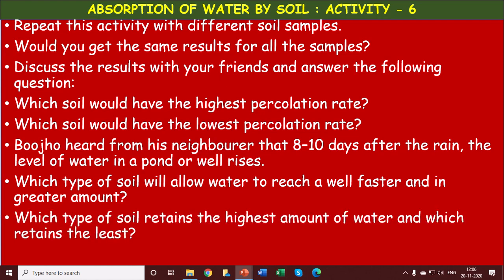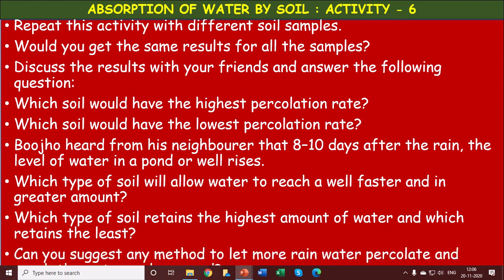Which type of soil retains the highest amount of water and which retains the least? And can you suggest any methods to let more rainwater percolate and reach the water underground? So these questions you need to answer.